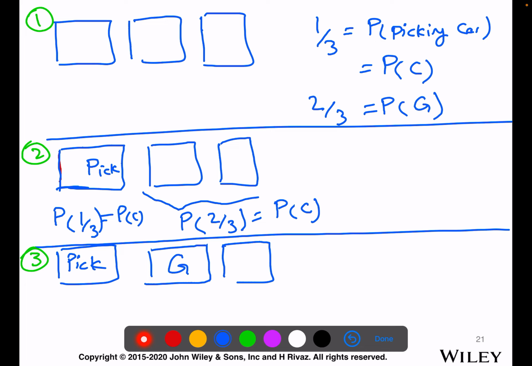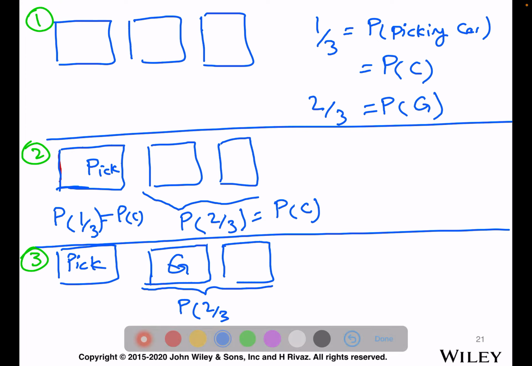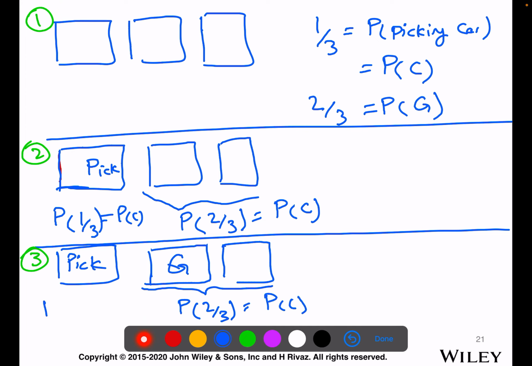So the correct answer is that once the goat is revealed, the probability of the car being in one of these 2 is still 2/3, and the probability of your door being the door with the car is 1/3.